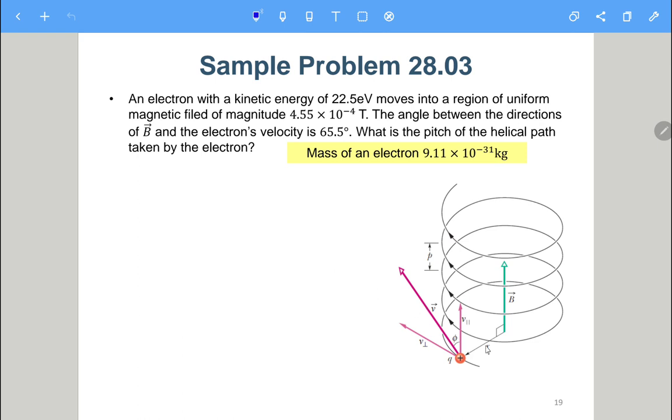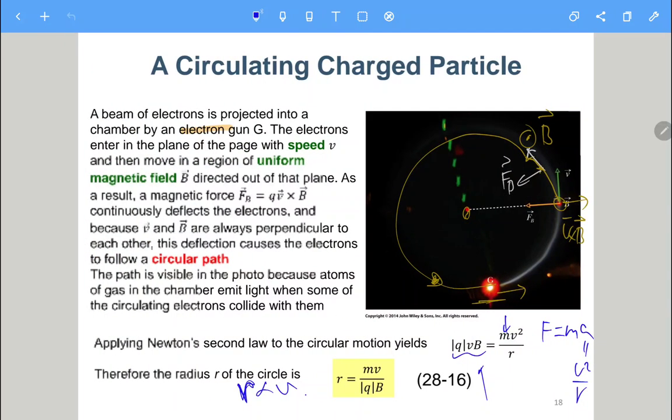So V is this one, and this phi is 65.5 degrees. Here we assume that this V is perpendicular to the B field, which is pointing out of the page, because V is on this plane.